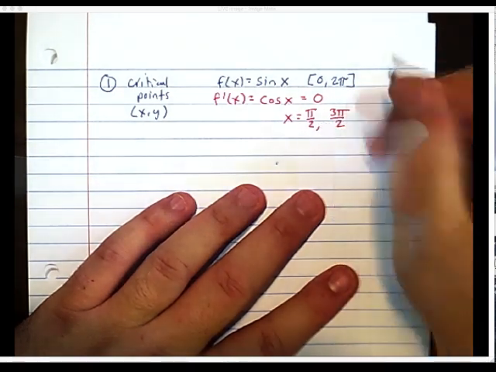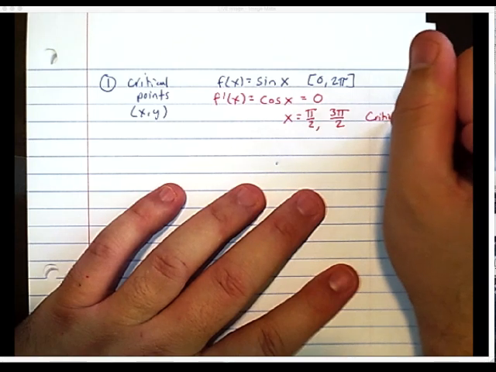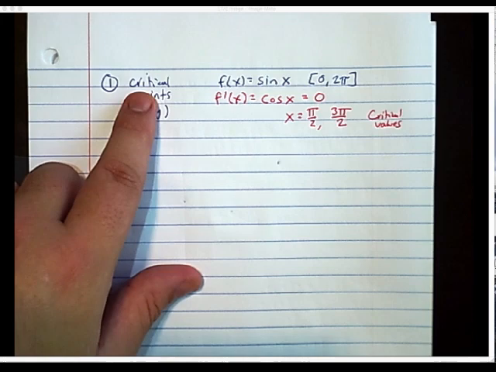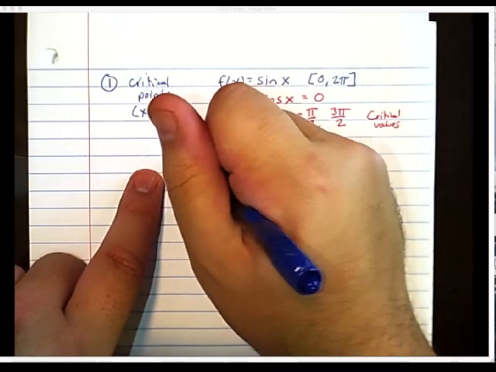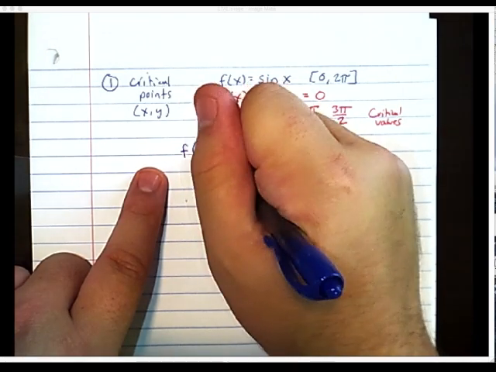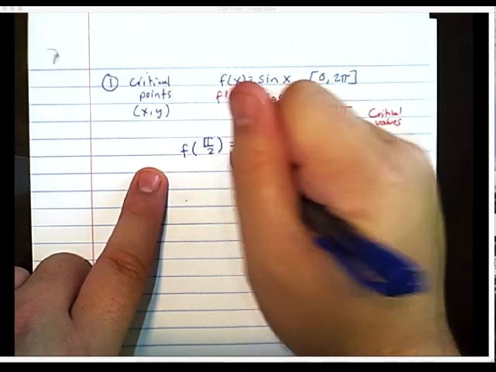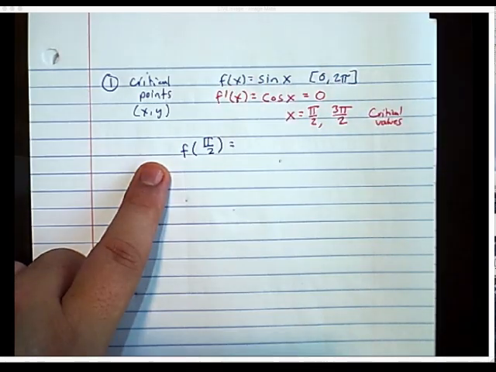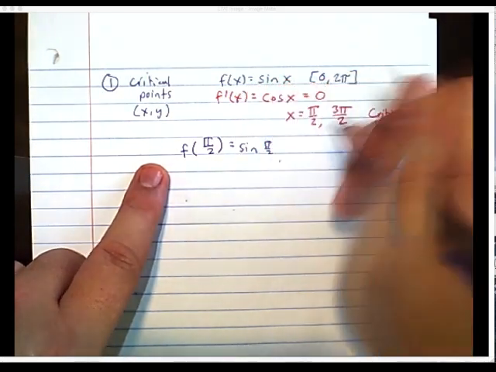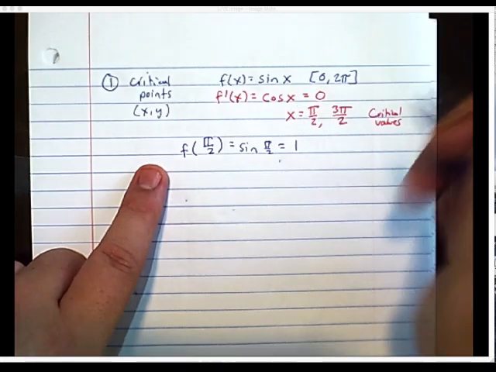So these are the critical values. But they're asking for critical points. So how do I find the critical points? I plug in these numbers to the original function. Okay. So sine of pi halves, that's like sine of 90 degrees, that's going to equal 1.